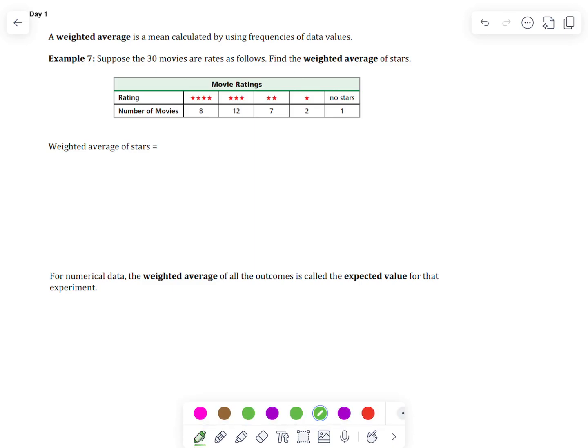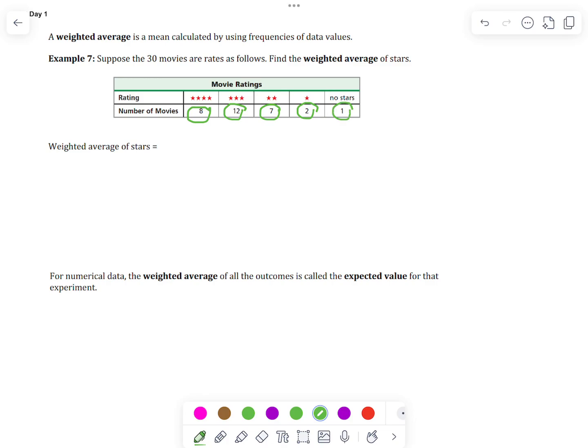So we go from 4 stars, 3, 2, 1, or 0 stars. So this is saying there are 8 movies that were rated 4 stars, 12 movies that were rated 3 stars, 7 movies that were rated 2 stars, 2 movies that were rated 1 star, and then 1 movie rated no star.